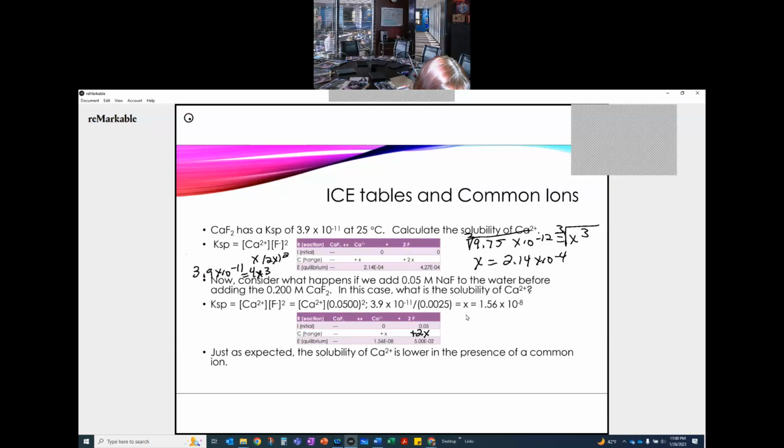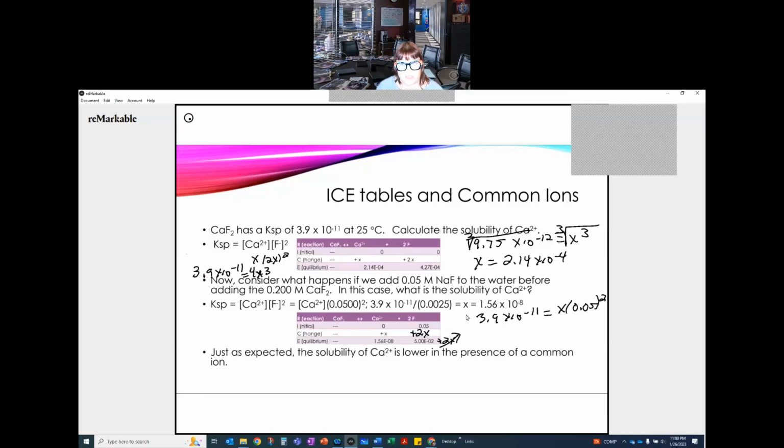So technically this would be 0.05 plus 2x, but we're going to ignore the 2x compared to the 0.05. Therefore we plug in 3.9 times 10 to the negative 11, which is equal to x times 0.05, and that 0.05 has to be squared because that's an F minus concentration.